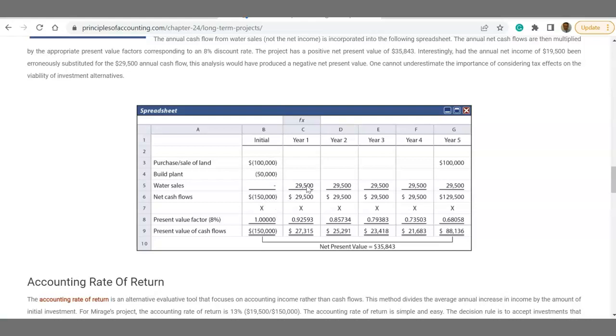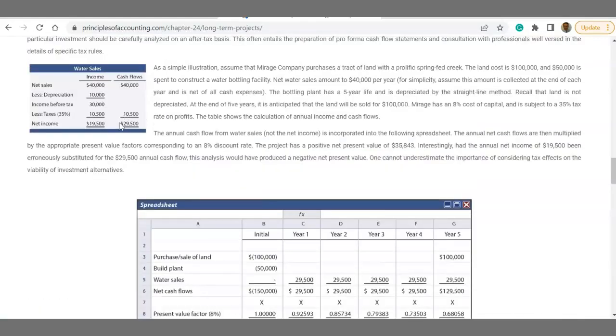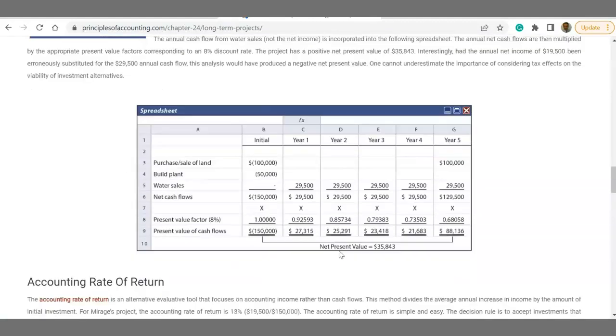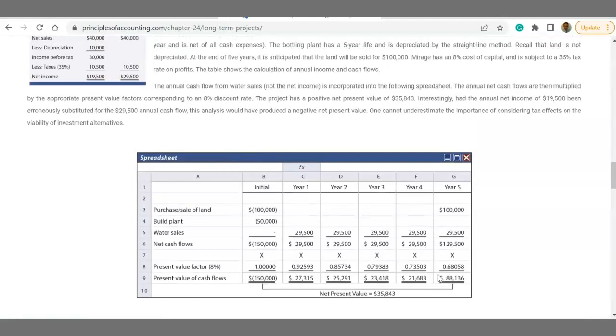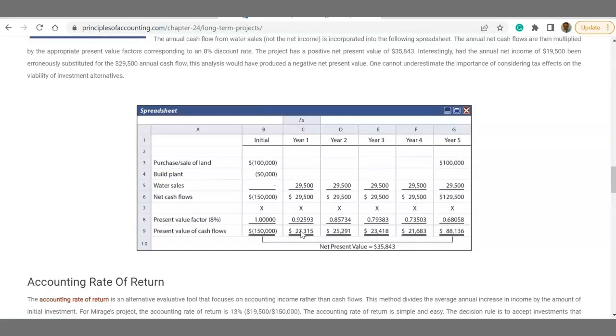And then we have $29,500 cash flow every year because of the net sales less expenses minus taxes, times the factor, the present value of $1 one-time lump sum based on I of 8%. And as you see, those are the dollar amounts. And if you add them up, minus 150, that gives you a net present value of $35,843.